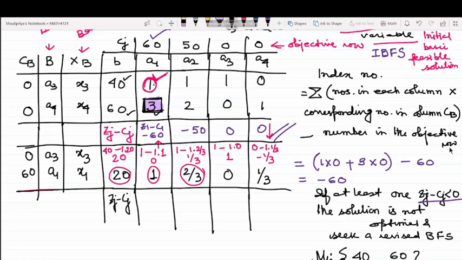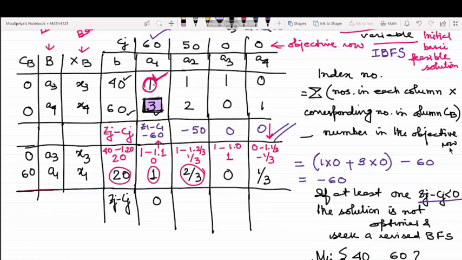Corresponding to A1, it would be 0. What about Z2 minus C2?